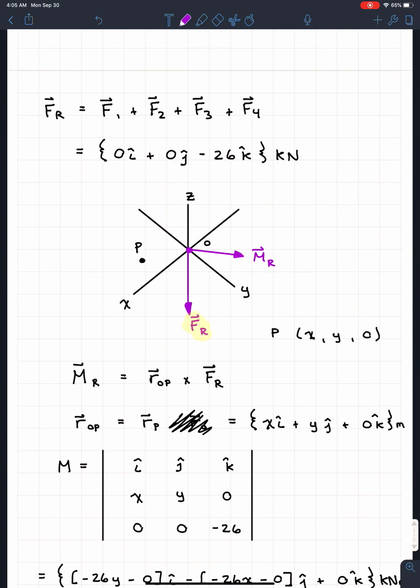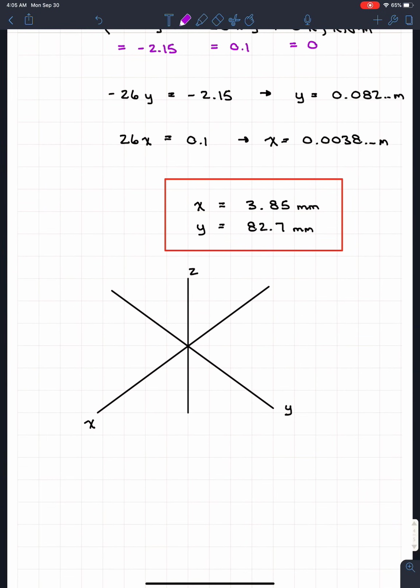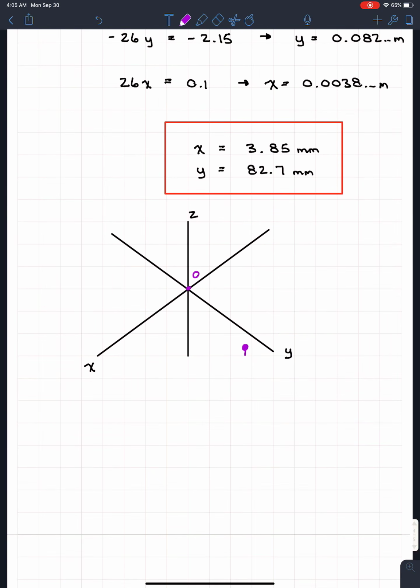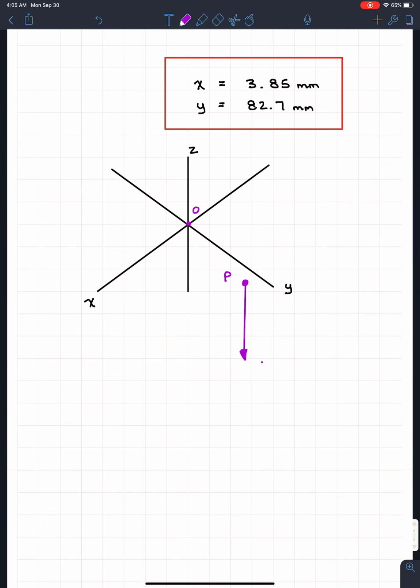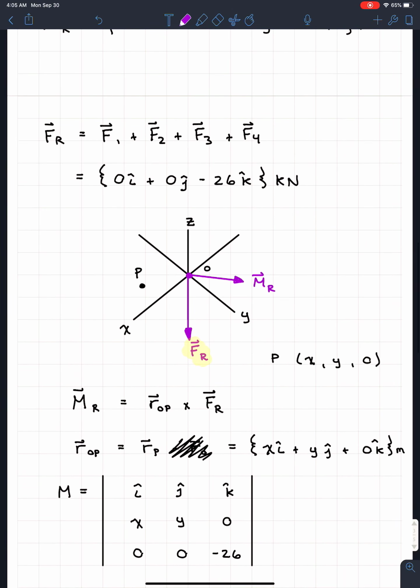Instead of everything being at point O, we found another point which is very little along x but very far along y, and we moved our force vector. This comes straight down, and it is still the same force vector as before, Fr. We'll call this point P. And the distance between O and P creates the moment that we see up here.